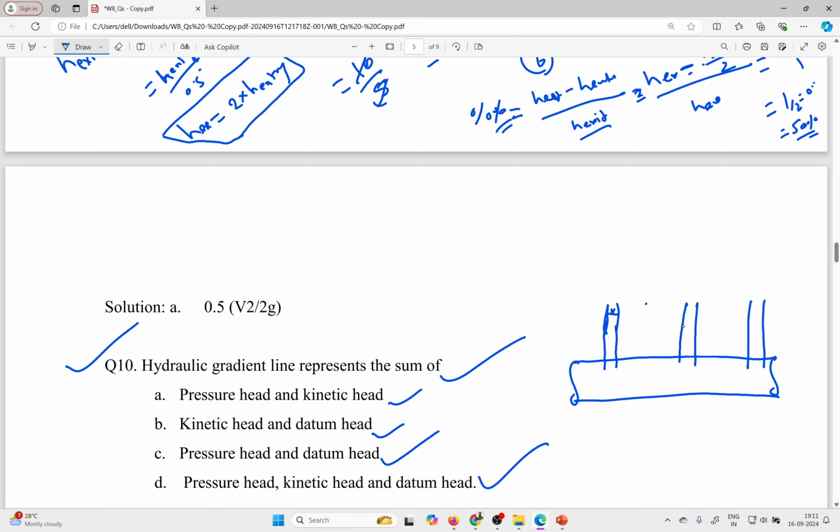Now the pressure is reduced a little bit here due to the friction. And if I consider the datum, this is the datum from the center line, and from the center line your pressure is this much.